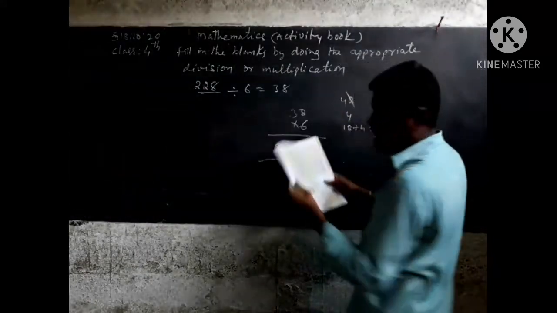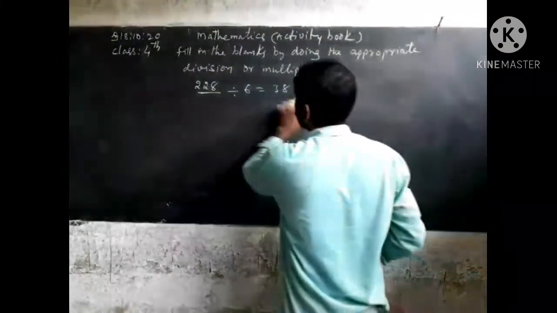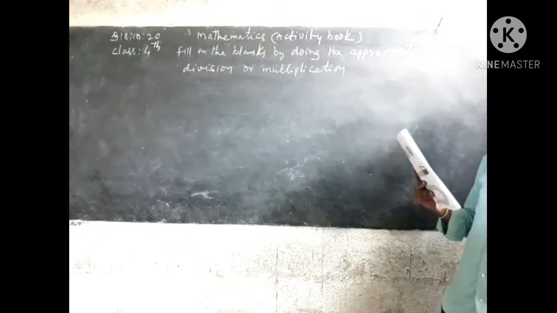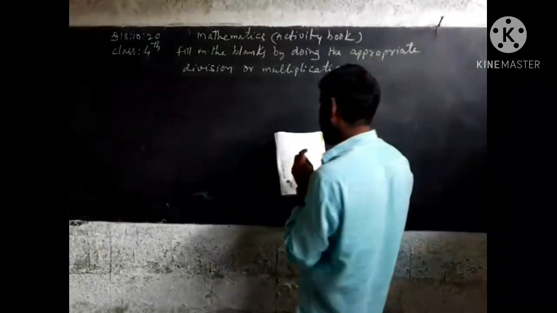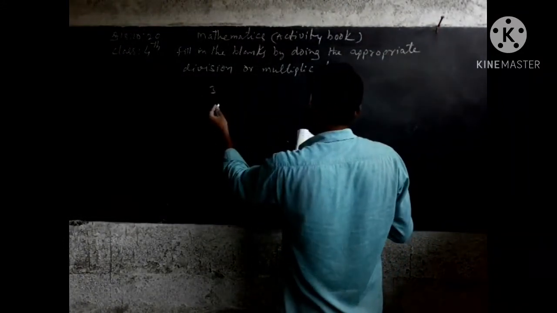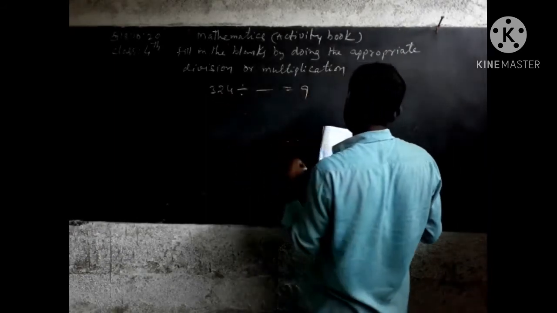Now next, 324 divided by dash is equal to 9.